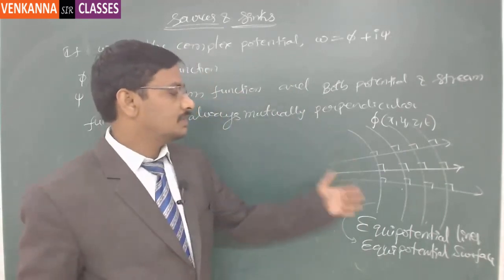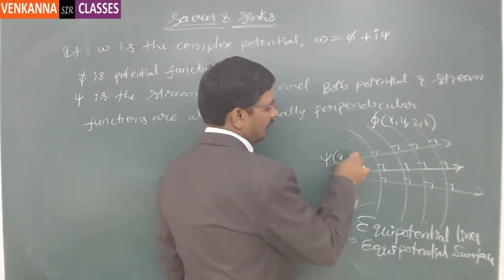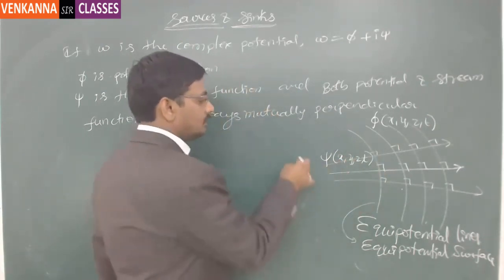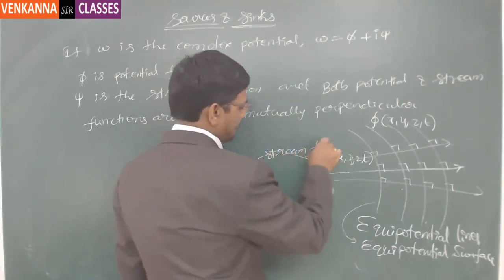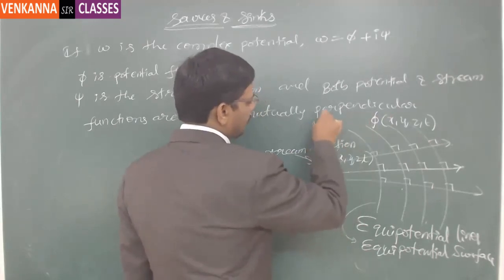And then these are nothing but the stream lines. So the stream function is a function of x, y, z, t. This is called the stream function, and this is called the potential function.